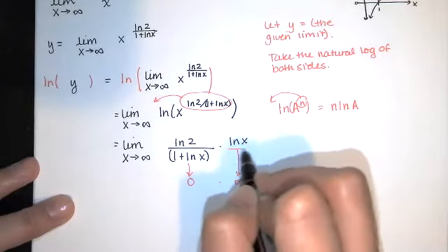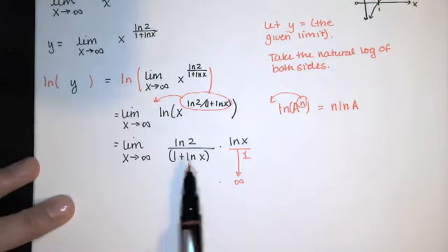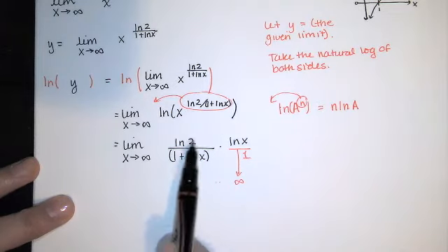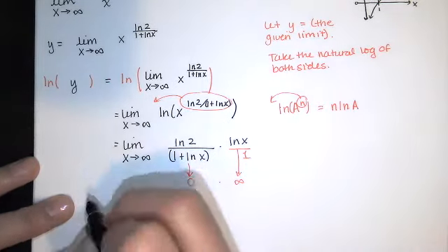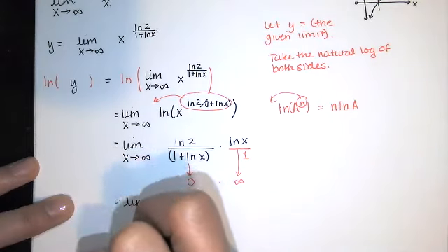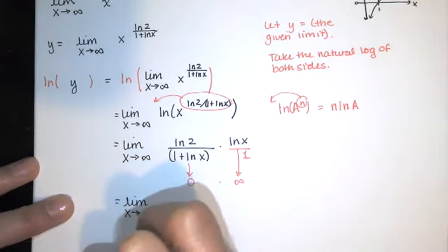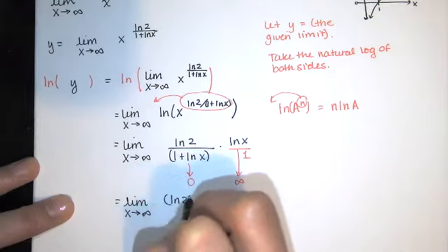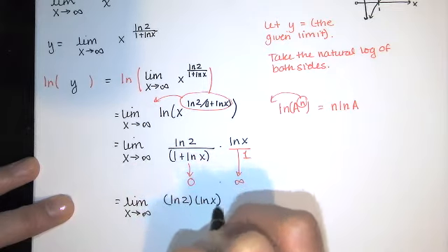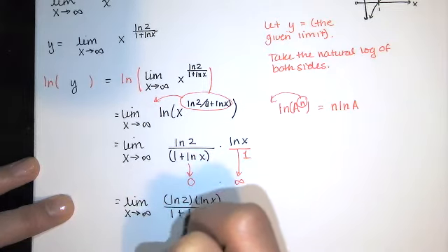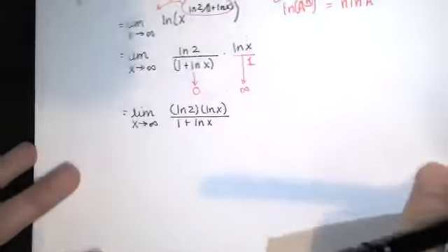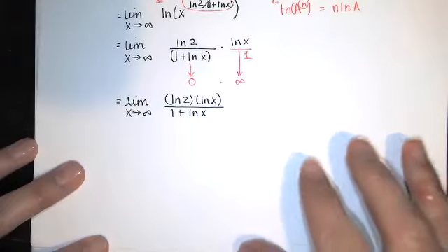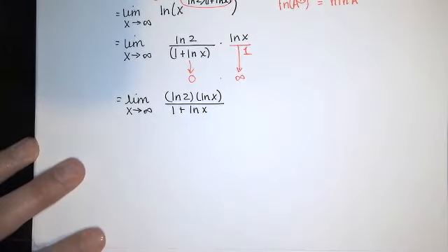Since this one's already a fraction, the easiest way to write this one as a fraction is to just multiply straight across. And our hope is that when we do that, we'll have either infinity over infinity or 0 over 0. And we do have infinity over infinity.